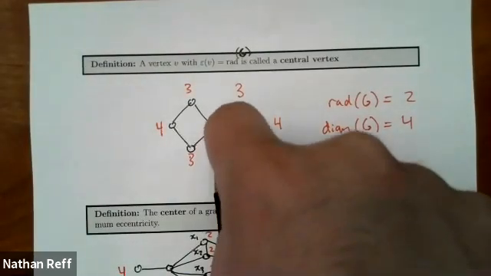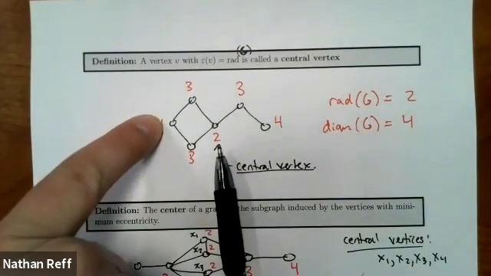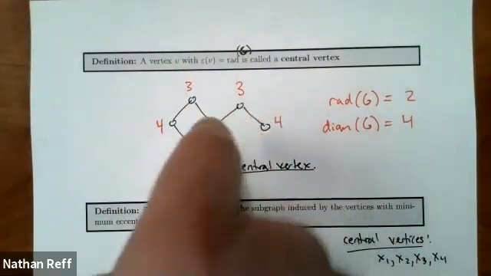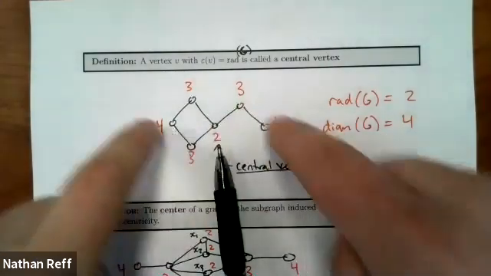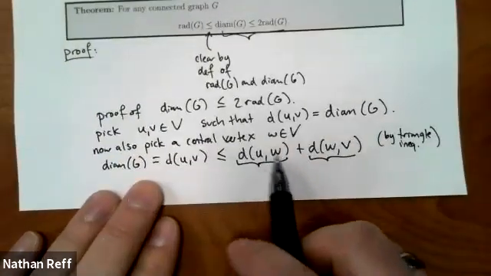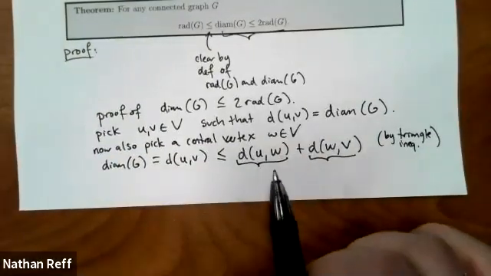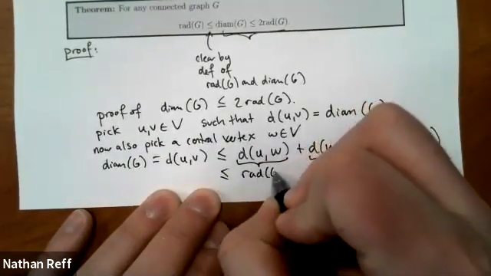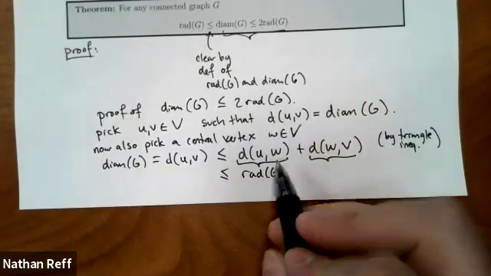If you're sitting at something else, like something that would give you the diameter, then surely that can happen. But if you're at the center, you know that the farthest something is away from you is the radius. So in other words, coming back down here, I don't know how far apart these two are, but I definitely know that this one is less than or equal to the radius because W is a central vertex.